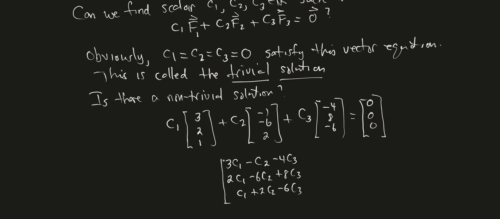This is the resultant of the scaled vectors, and I want that to be equal to the 0 vector.